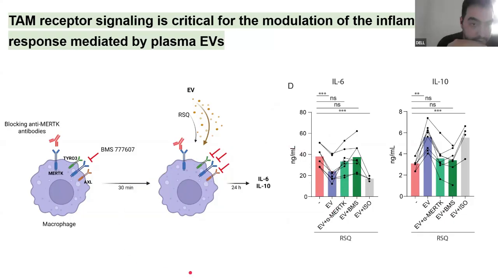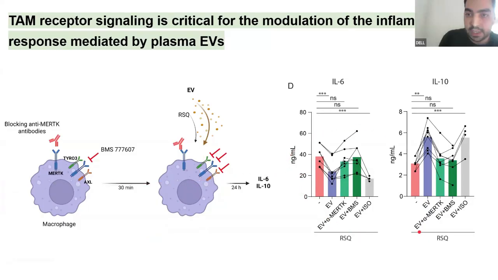Both the BMS-777607, a TAM inhibitor that also blocks Tyro3 and AXL, and also a selective blocking MERTK antibody.